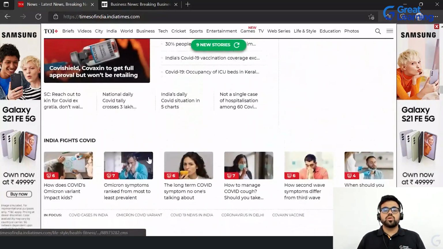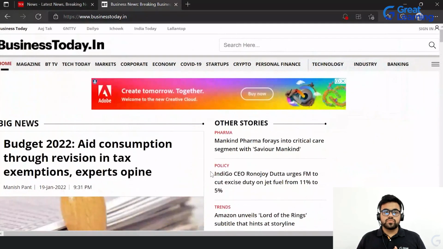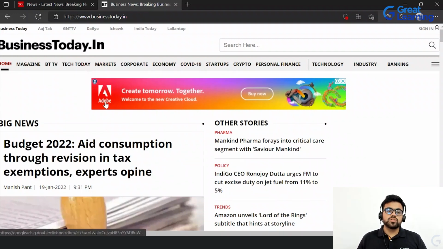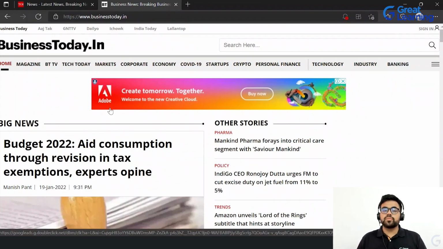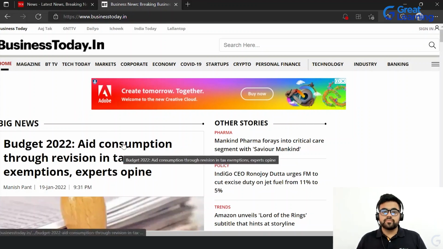So it keeps telling me throughout the page. Let's look at another example. This is a Business Today website. Now it shows me an ad of Adobe. Maybe because I wanted to learn editing, or maybe because I wanted to learn something related to Adobe. So it gives me ads that are customized to my preferences, right? So these are online ads.